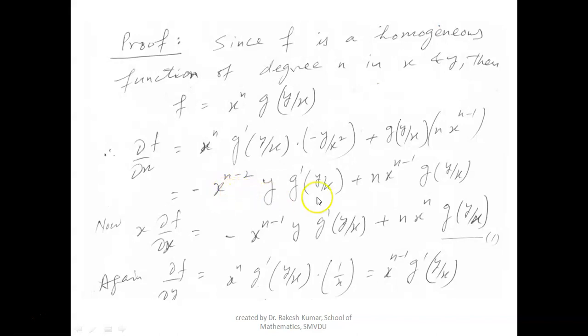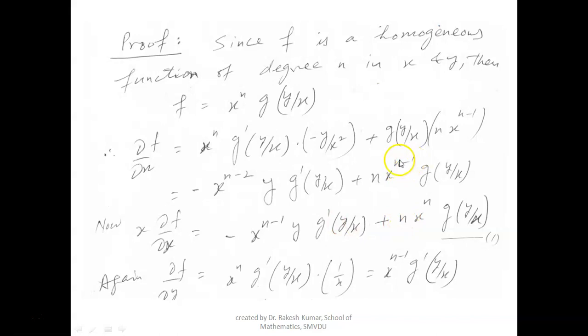If we expand it, we get this, and x times del f by del x is x raised to power n minus 2 multiplied by x, so plus 1, that is x raised to power n minus 1, and y g dash.